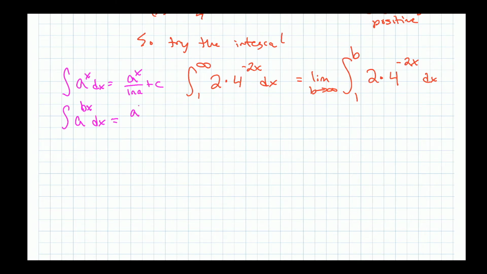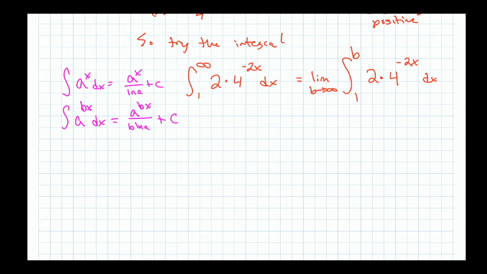So what would the answer be? It'd be a to the bx over b ln a plus c. The u substitution would just add that b in the denominator. Okay, and I'm going to be lazy and just use that without doing any kind of substitution here.